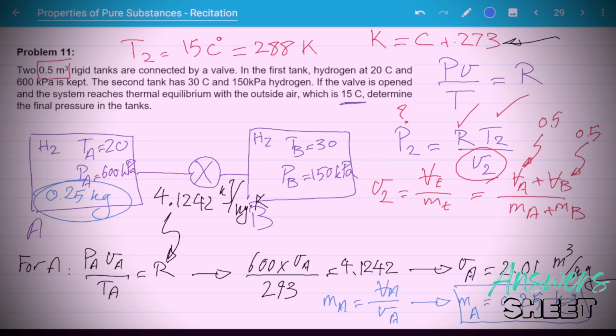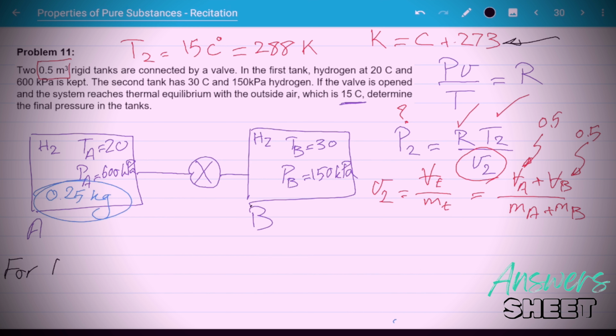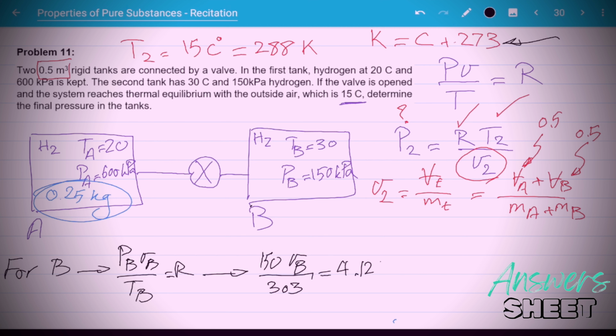We need to do the same thing for tank B. So this time for tank B, again, PB times specific volume B over temperature B is equal to R. Plug in numbers, 150 kilopascals, specific volume B, over 30 degrees Celsius, which is 303 Kelvin, is 4.1242, which will give us a specific volume of tank B of 8.33 meters cubed per kilogram.